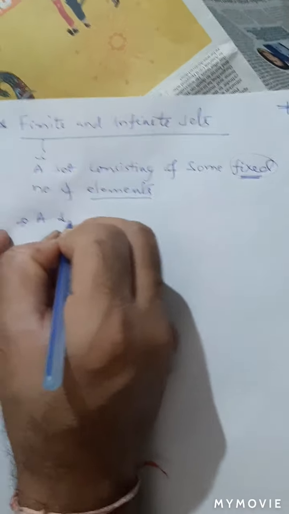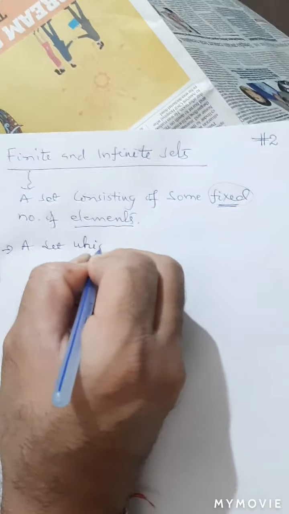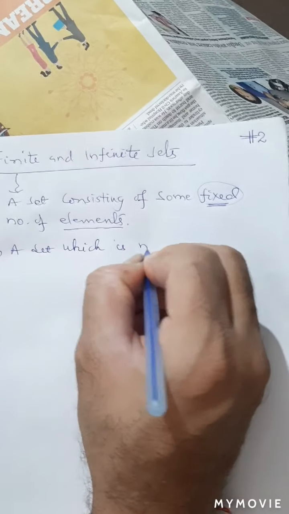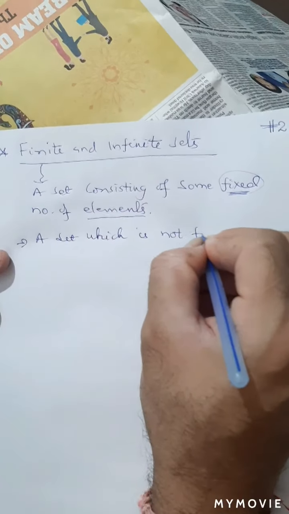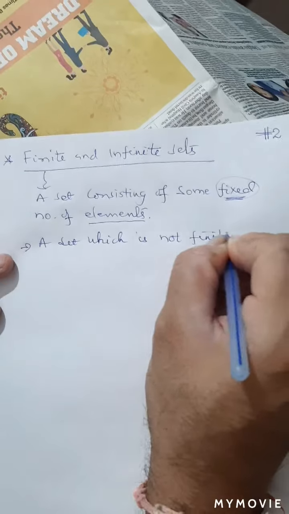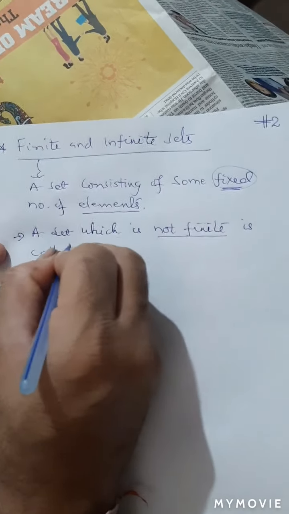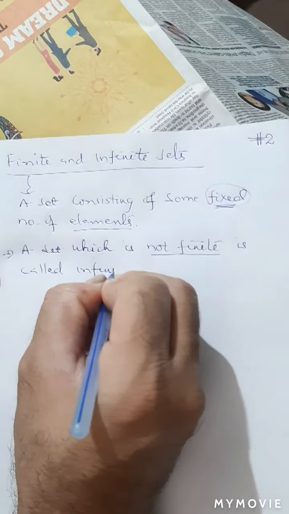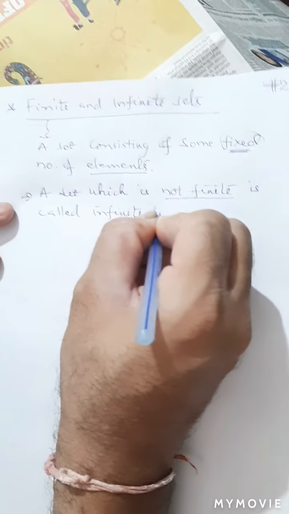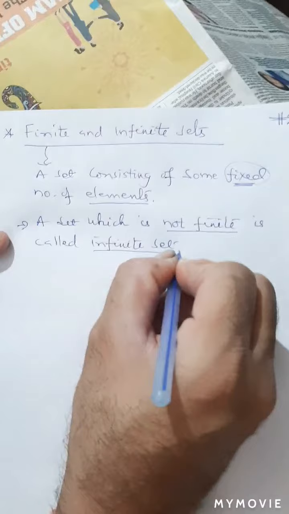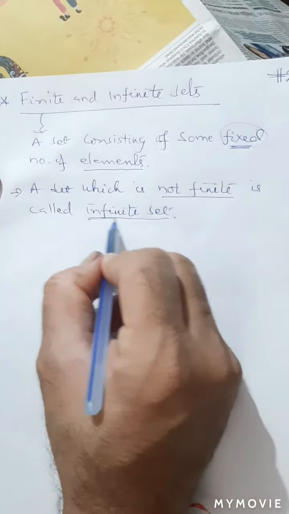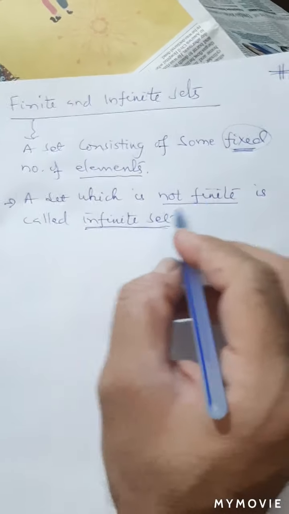And a set which is not finite is called infinite. That is endless, it never ends. Like the set of natural numbers, it is an infinite set.